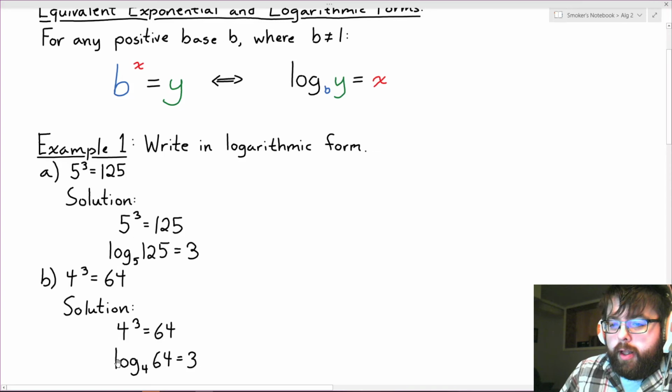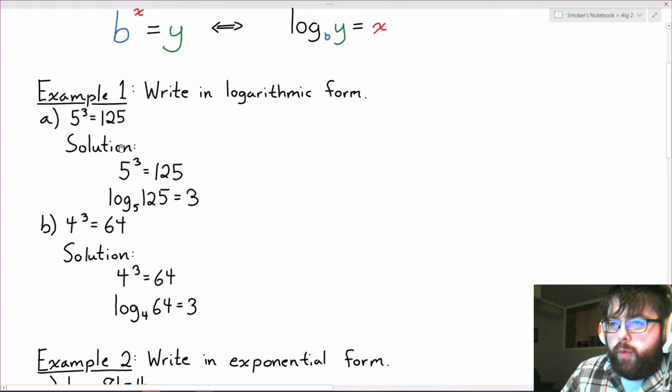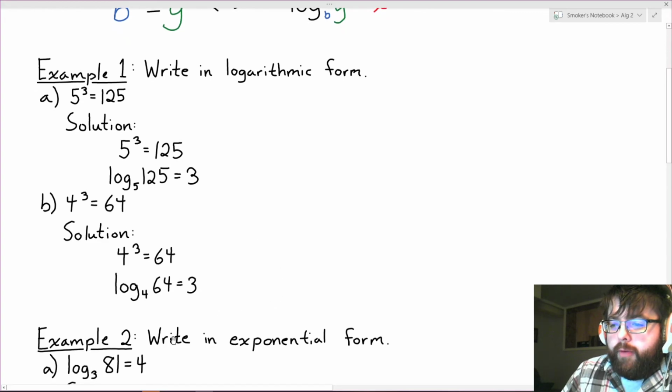So, log base a number of a number is equal to the exponent. Example 1 was taking exponential form and writing it in logarithmic form. Example 2 is going to be the opposite. It gives you an equation in logarithmic form and asks you to write it in exponential form.